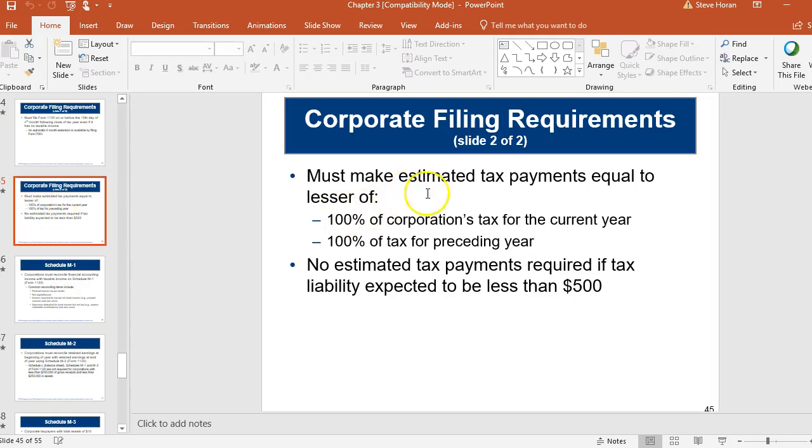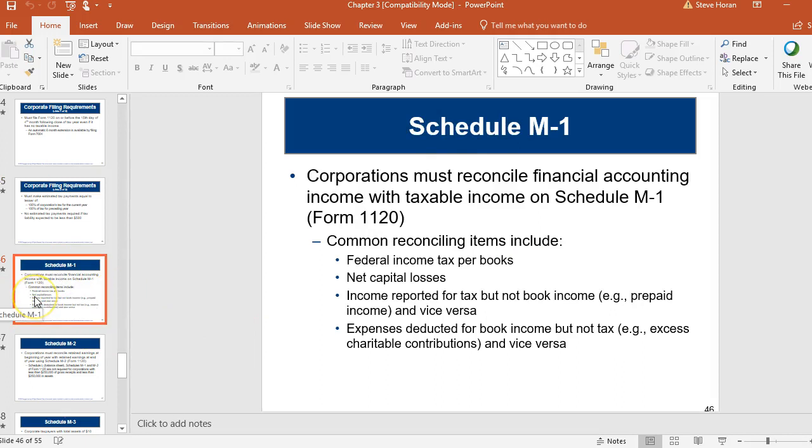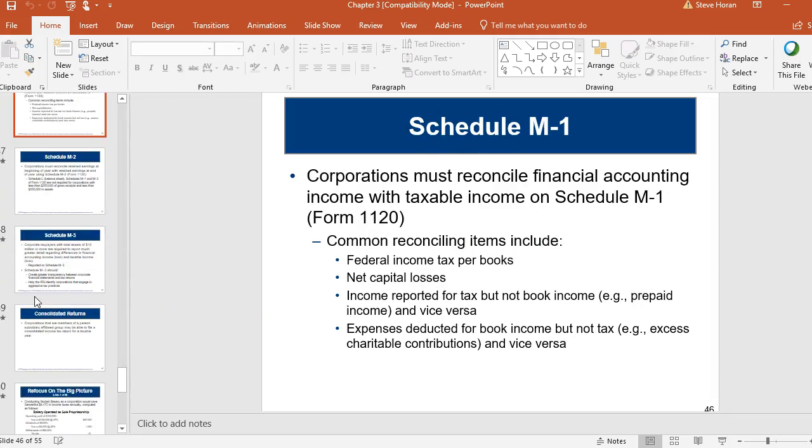Corporations must make estimated tax payments equal to the lesser of 100% of the corporation's tax for the current year or 100% of tax from the prior year. No estimated tax payments are required if tax liability is expected to be less than $500. Then the chapter itself gives you some really good examples of M1. M1 is for smaller companies.